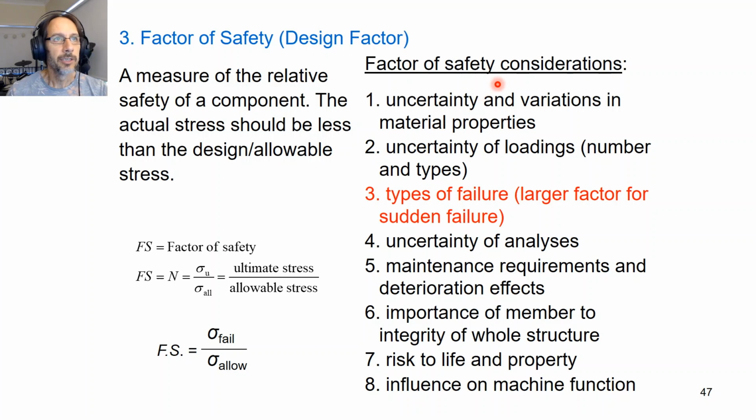When you're considering factor of safety, there's a whole bunch of different considerations to take into account, and you need to consider all of these when trying to work out an appropriate factor of safety. Typically, design textbooks will go through these in more detail, and in this particular subject, we're not going to go through all that.